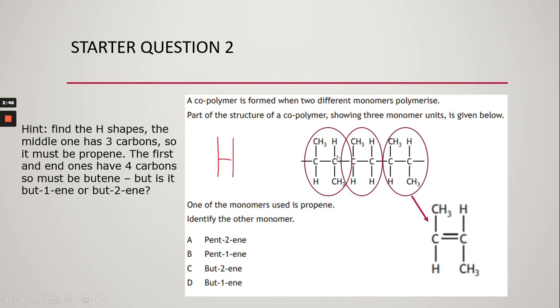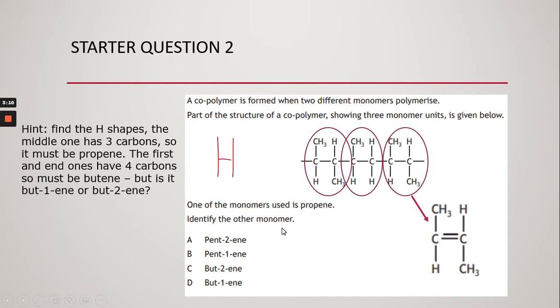We're going to assume that this is 3 different monomers linked together. Each H shape would represent a monomer. The first and end ones have 4 carbons, and the middle one has 3 carbons. So this middle one has 1, 2, 3 carbons, so the middle one must be the propene, and it says one of the monomers used is propene.